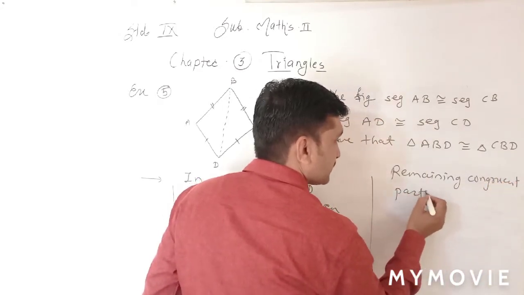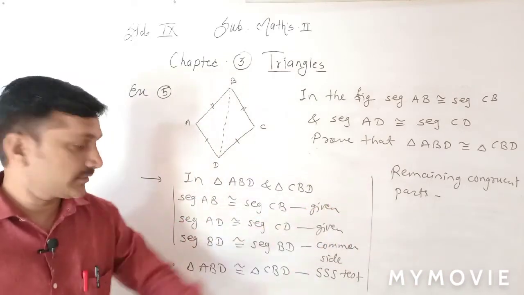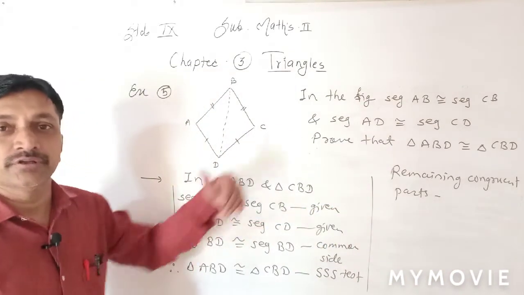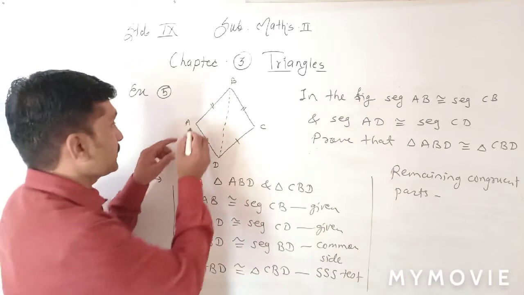Now as 3 elements are used to prove, 3 elements we have to write there. Here all 3 sides are used, so the remaining will be 3 angles.